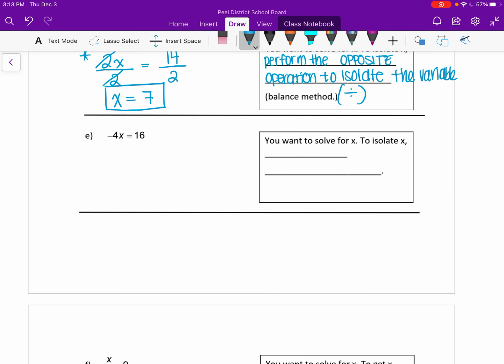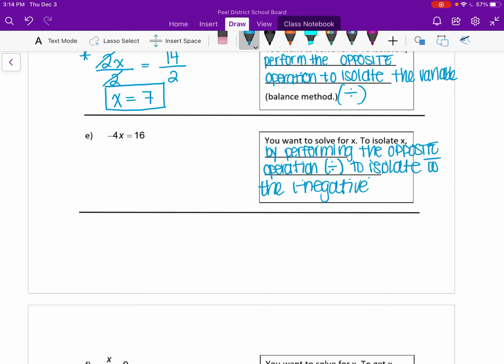You're going to do something similar. If you want to solve for x, you're going to isolate x by performing the opposite operation, division, to isolate with the negative number.